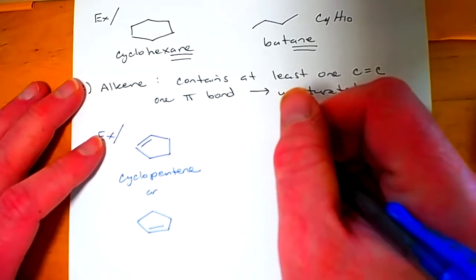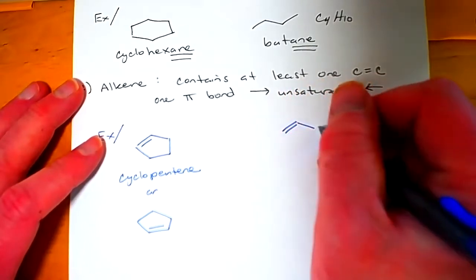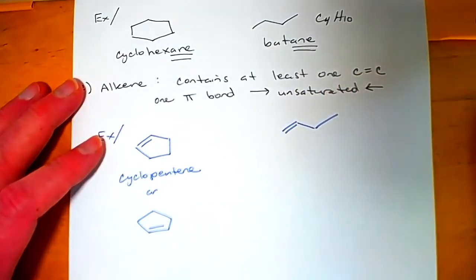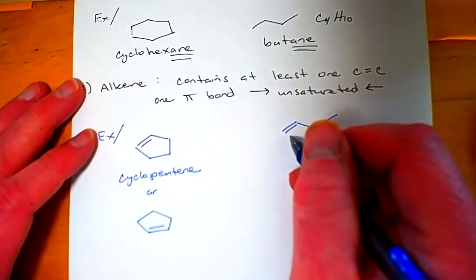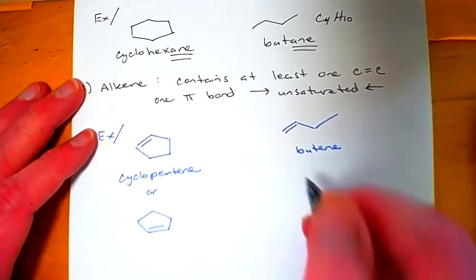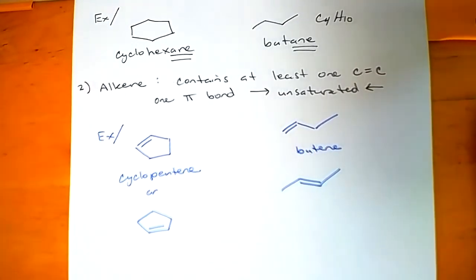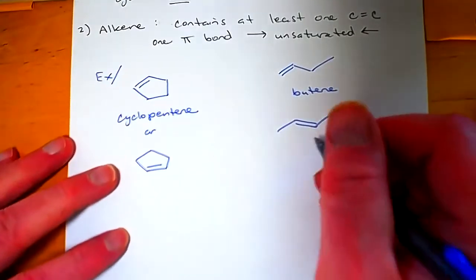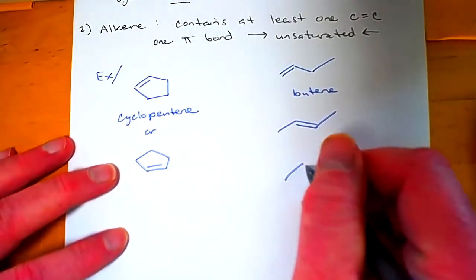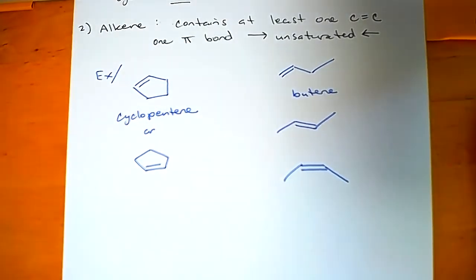Now, butene, on the other hand, is a little more complicated. So, for instance, if I put the double bond right here, this is a butene. But is that butene the same thing as this butene? And is that butene the same thing as this butene? All of them are a butene, meaning it has 4 carbons and a double bond.